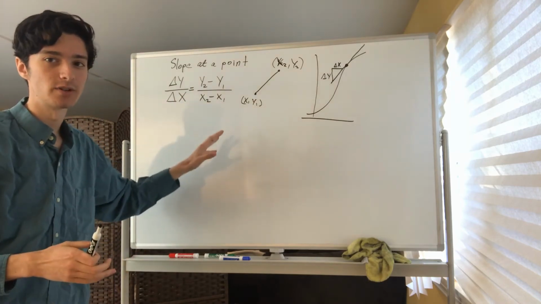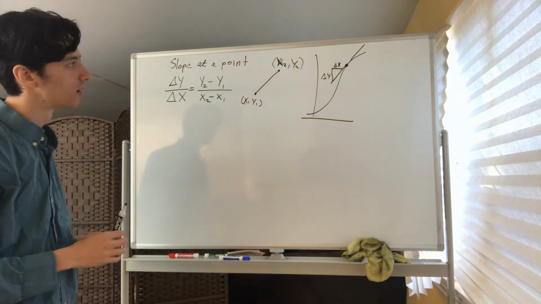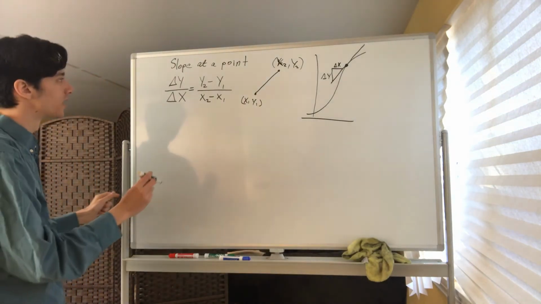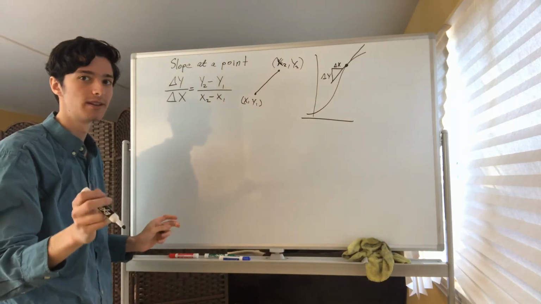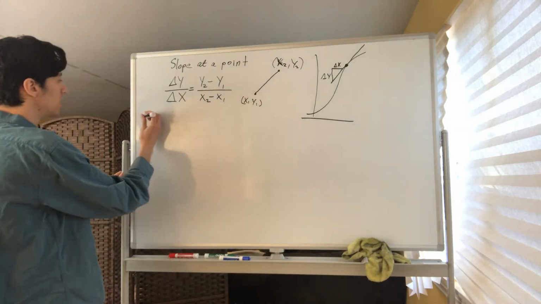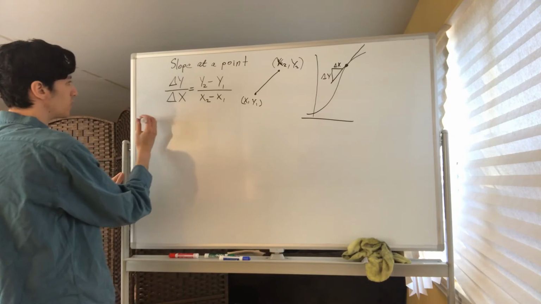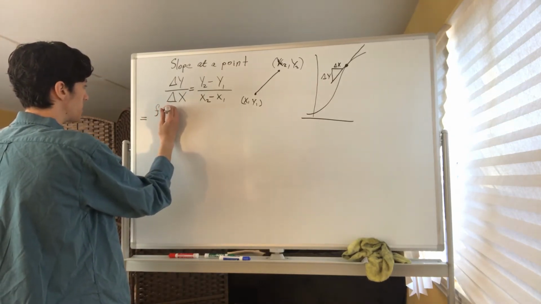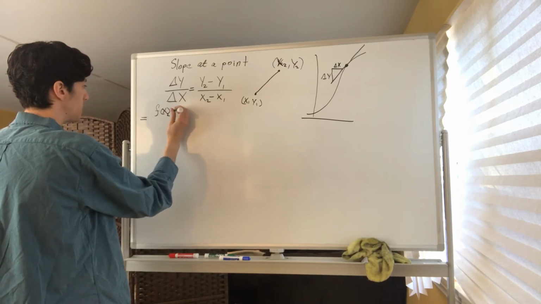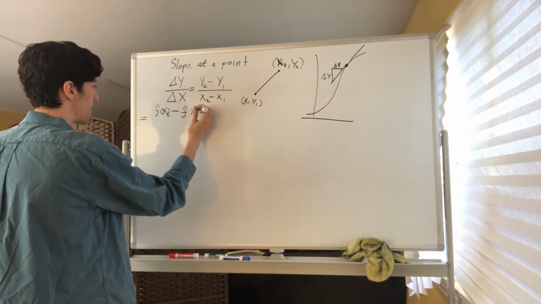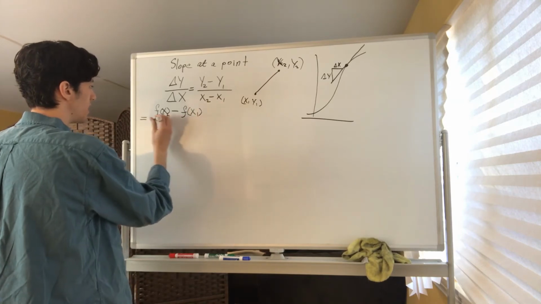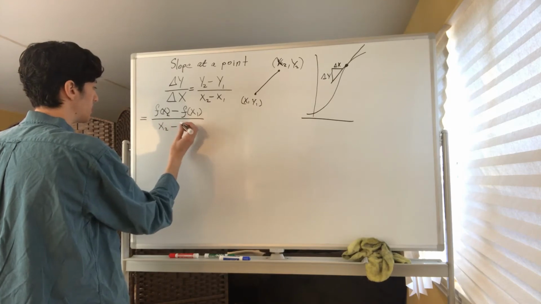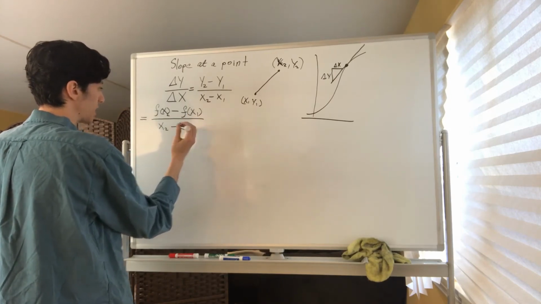Right now there are 4 variables, so how can we make this more simple? Well, again, we're looking at a function, so these y values are determined by the function of x. So this is equal to f of x2 minus f of x1, all divided by x2 minus x1.